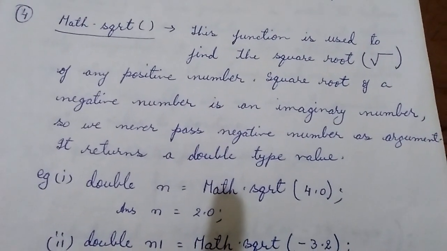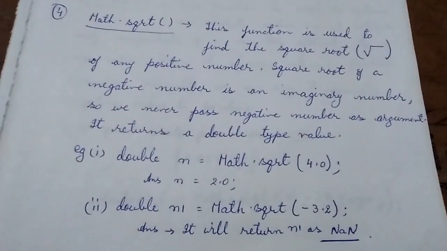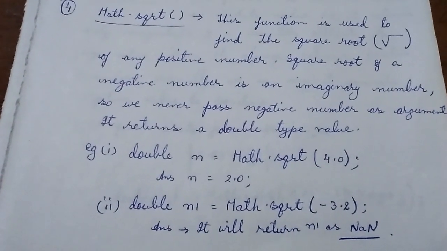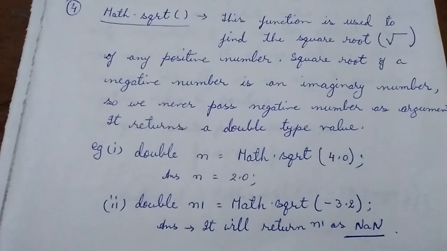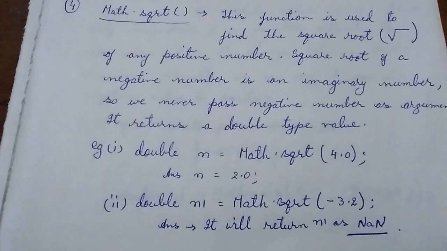It returns a double type value. So we write double n equals Math.sqrt(4.0). Then it will return n value as 2.0.